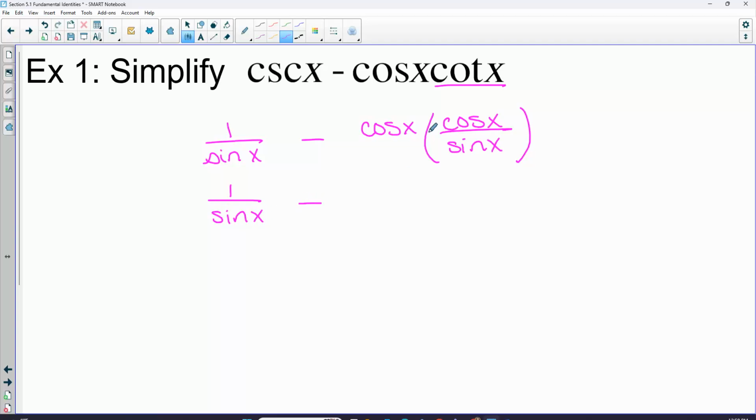we can multiply these. Cosine times cosine, what would that become? We have 2 of them, so it's cosine squared. Typically the square is written after the cosine just so it doesn't look like the x itself is squared. Right.